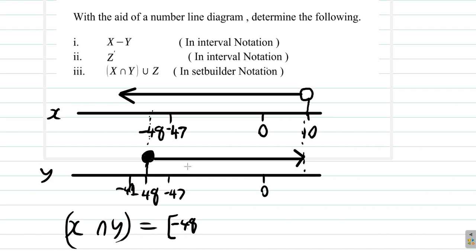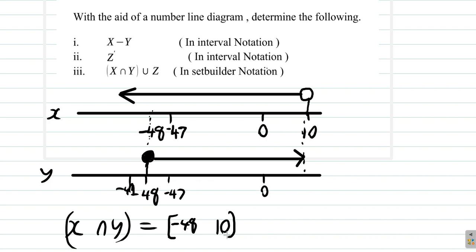So going up, all of these are included, negative 47, negative 46, and so on, going up to 0, 1, 2, up to 10. 10 is included in y, but only less than 10 is included in x, so you put a round bracket here.